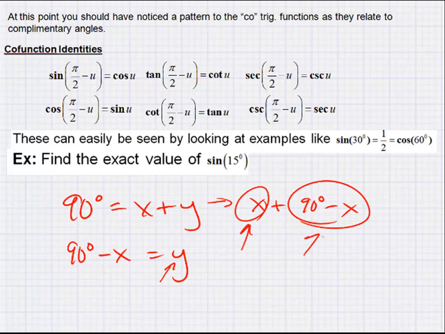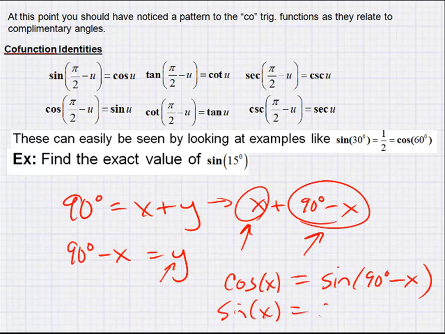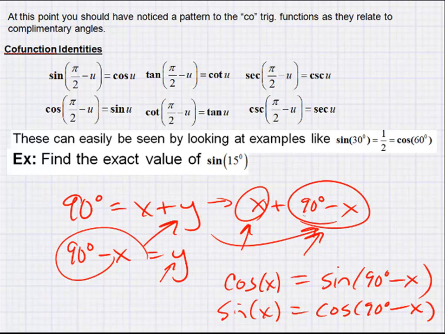So these two things are the complement of one another. So that means the cosine of one should be equal to the sine of the other. Or vice versa. The sine of x equals the cosine of 90 minus x. Because x and 90 minus x, because really y equals this, is the complement to x.